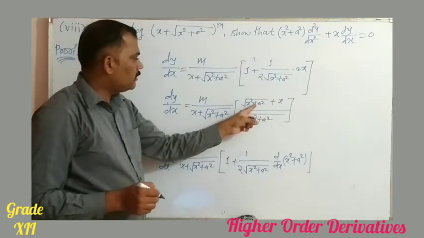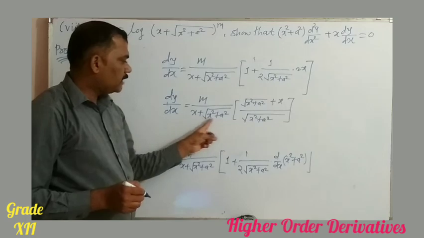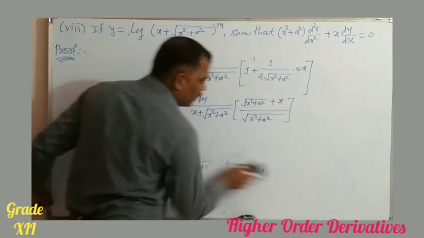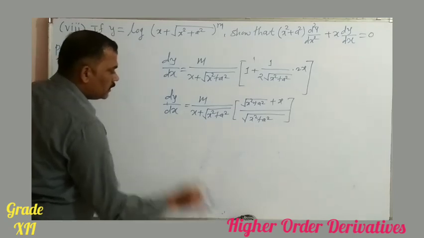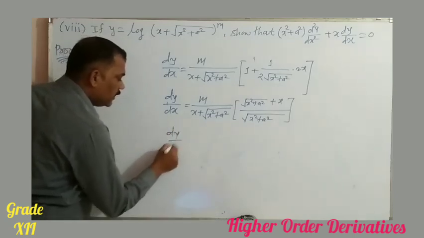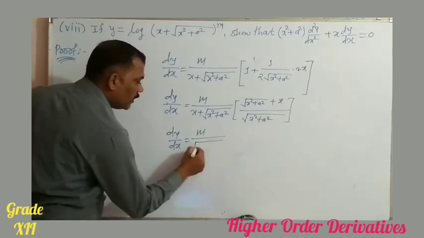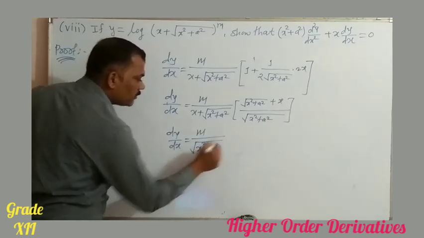Now x plus root of x square plus a square, x plus root of x square plus a square get cancelled, so what we have to get here, dy by dx is equal to m divided by root of x square plus a square.